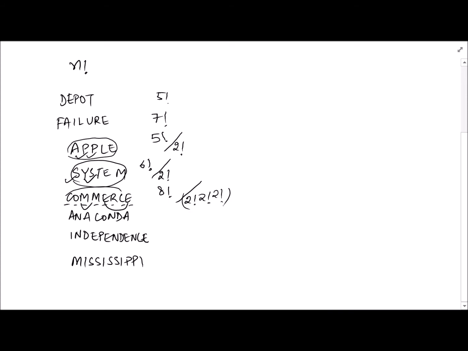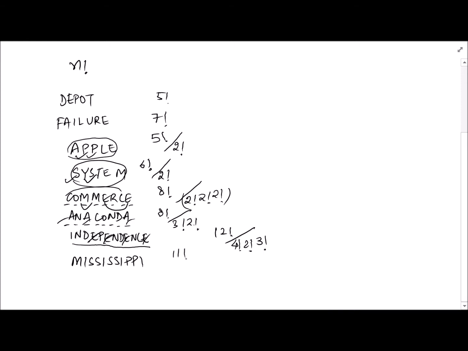Anaconda, 1, 2, 3, 4, 5, 6, 7, 8: 8 factorial by a coming thrice, 3 factorial, into n coming twice, 2 factorial. Independence, 1 to 12, 12 letters, by e coming 4 times, 4 factorial, d coming twice, 2 factorial, and n coming thrice, so 3 factorial.